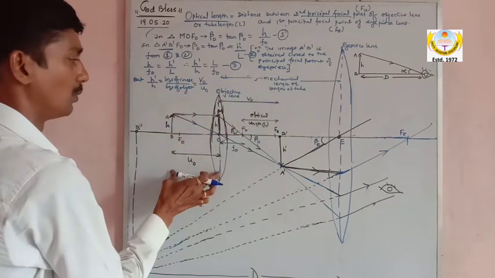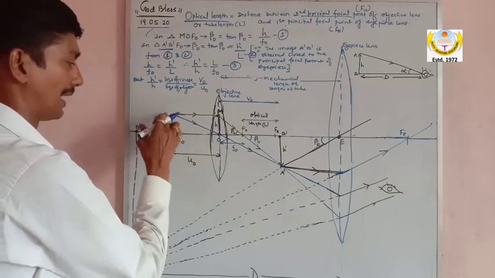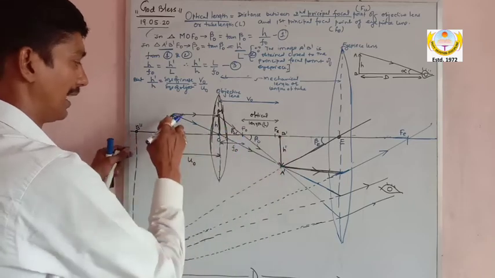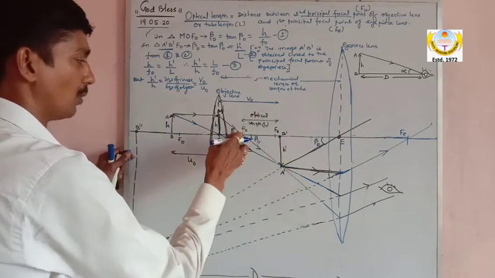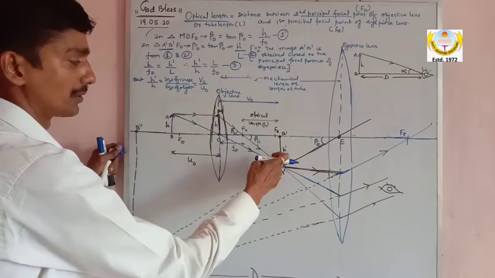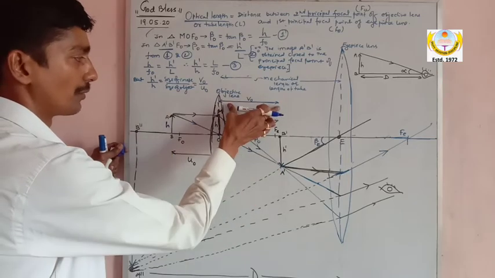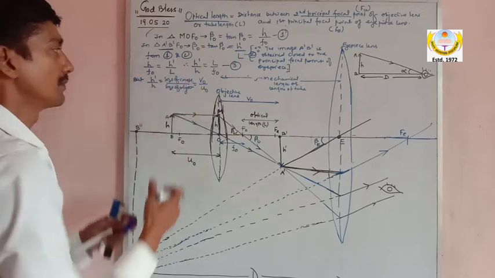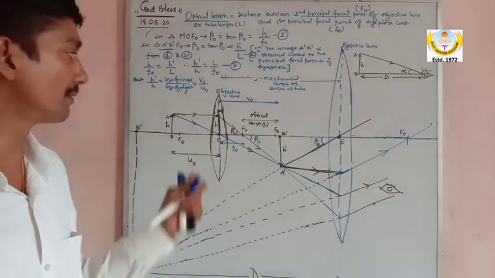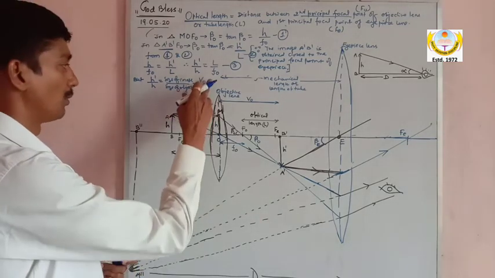VO divided by UO is H dash divided by H, because triangle ABO and triangle A dash B dash O are similar triangles, so there are corresponding ratios. H dash upon H is equal to VO upon UO. For a convex lens the magnification is positive only, that is VO by UO.